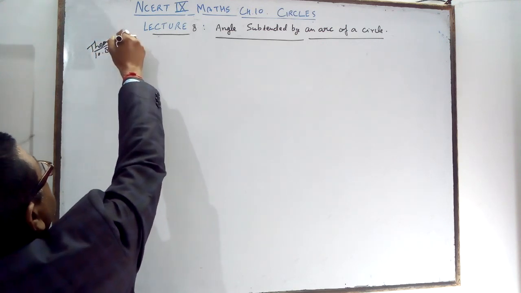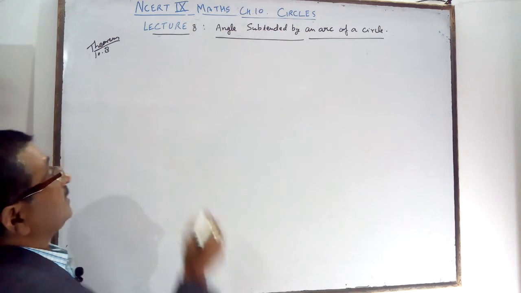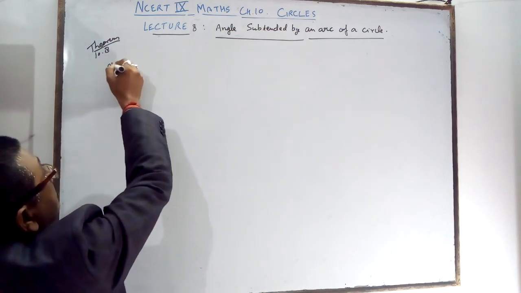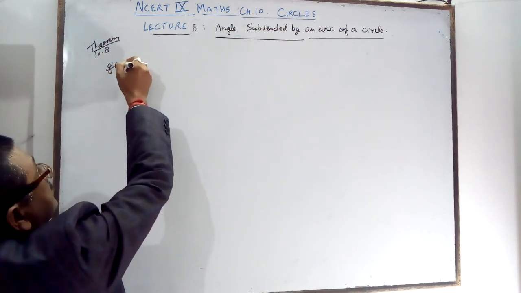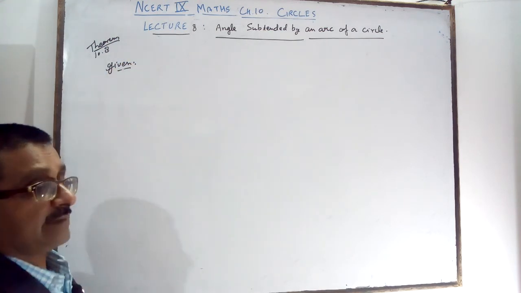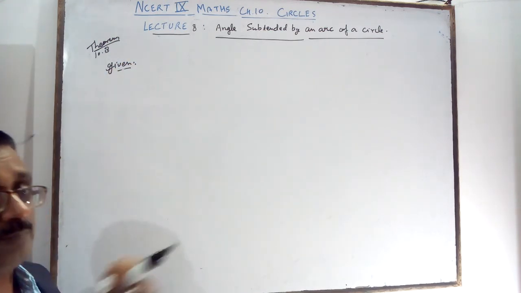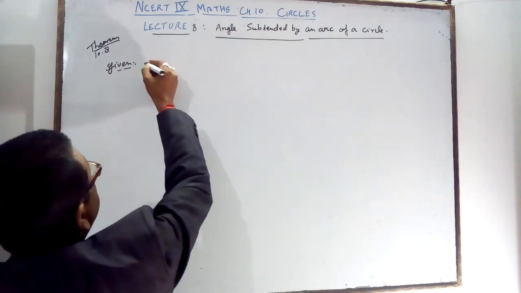Very important theorem. The angle subtended by an arc at the center of a circle is double the angle subtended by the same arc at any point on the remaining part of the circle.